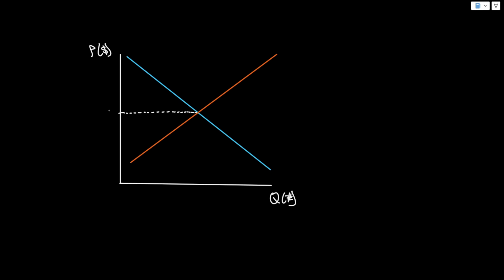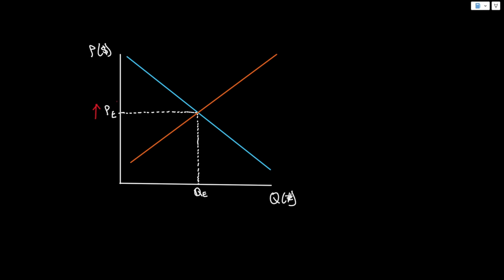All right, so let me move that. So our PE is here, and then our quantity of equilibrium would be right here, QE. And so as we said before, if our price is above our price of equilibrium, then we would have a market surplus.